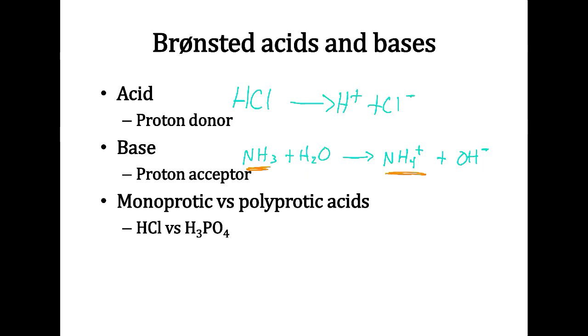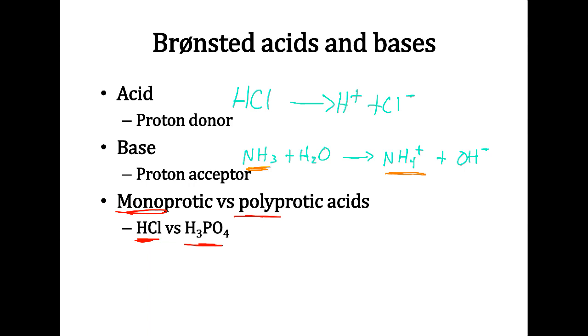Another thing that you should be aware of, but we won't go into that much detail right now, is monoprotic versus polyprotic acids. This just means whether you have one proton or more than one proton. So for instance, hydrochloric acid has one proton that it can donate, whereas phosphoric acid has up to 3 protons that it can donate. So that's some basic background for Bronsted-Lowry acids and bases.